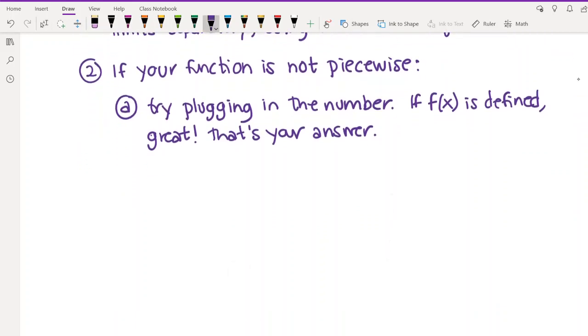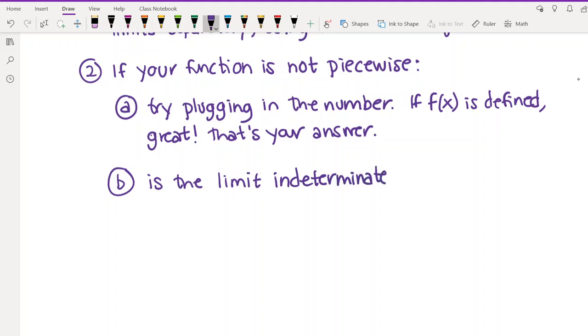So the second thing you might want to try is to look at whether you have an indeterminate form. Is the limit indeterminate of the form, and the ones that we talked about in this class were infinity over infinity, 0 over 0, or 0 times infinity?